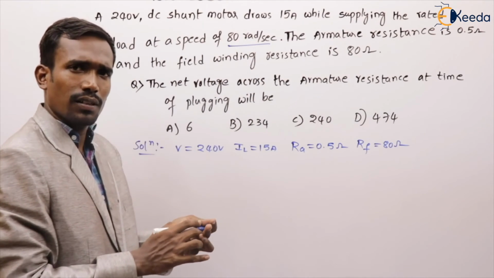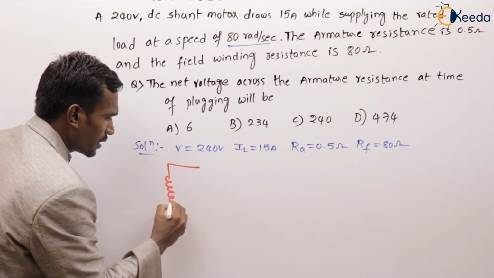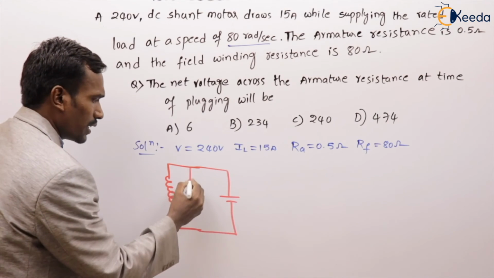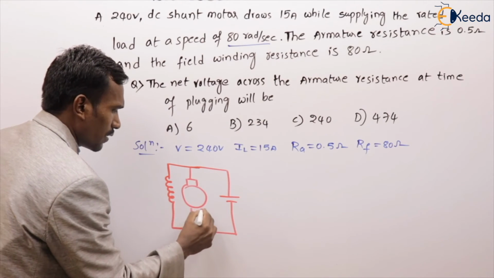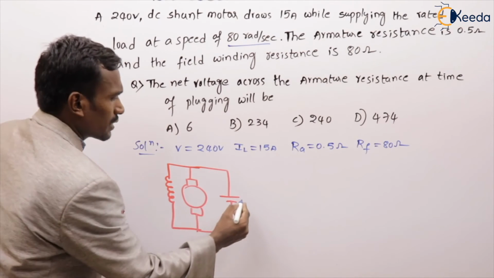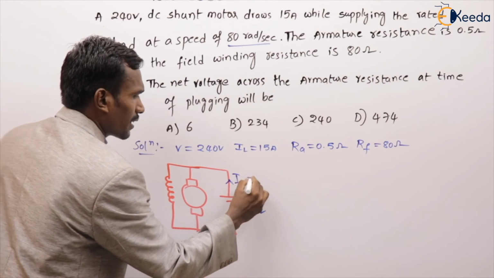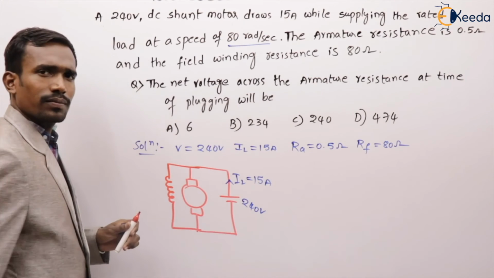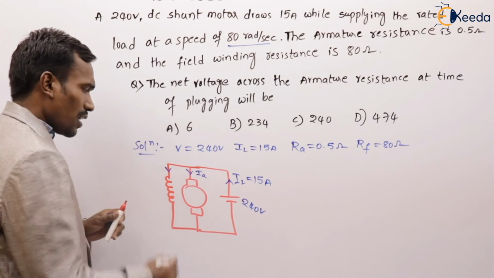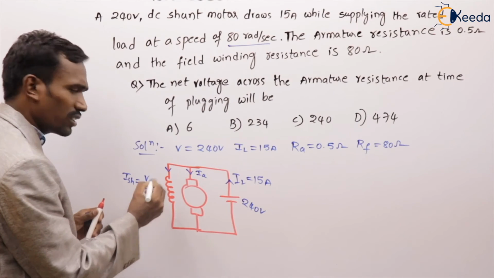Let's see the data in the diagram. For example, this is my DC shunt motor. Here the supply voltage is 240 volts, and here the line current is 15 amperes. In that, this is ISH and this is IA. Generally, ISH is equal to V by RSH.